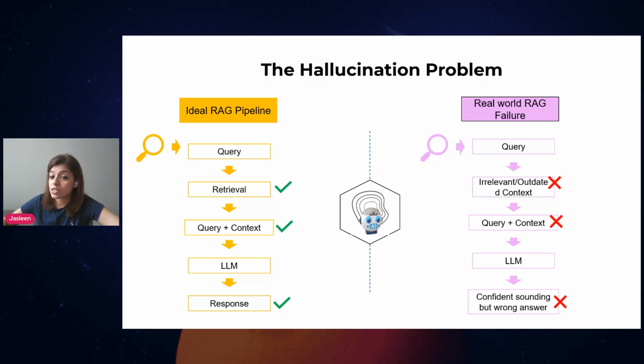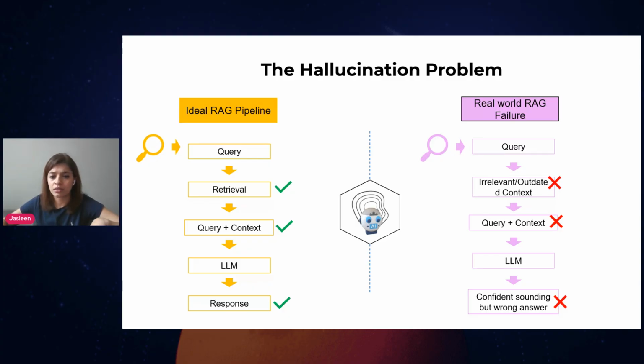The LLM will still try to answer because that's what it's trained to do, even if the context is incomplete, irrelevant, or missing altogether. And this leads to hallucination, where the model generates a confident sounding answer that's either incorrect or grounded in the incorrect context.